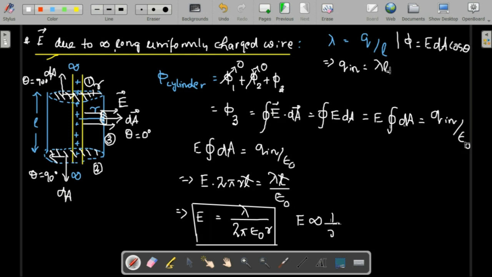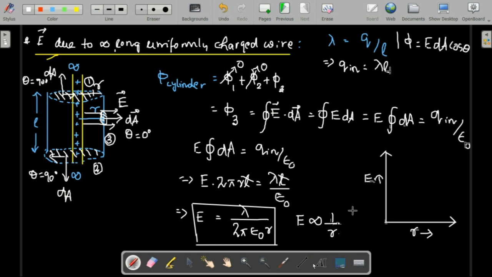So a lot of trick questions are asked: if you plot a graph between the electric field and the distance, how will it look for, let's say, an infinite wire of charge? So I can write electric field on the y-axis because that's the dependent variable. It depends on the distance, and distance is the independent variable.